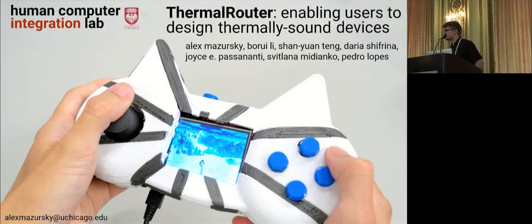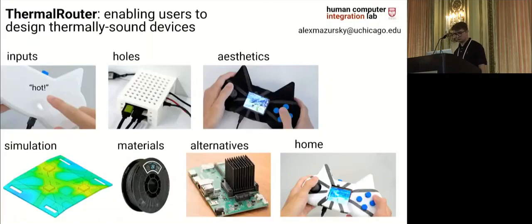The second question is, do you have any analysis comparing this ThermalRouter project with other approaches? As far as I understood, you are just using thermal conductivity and also natural convection, right?